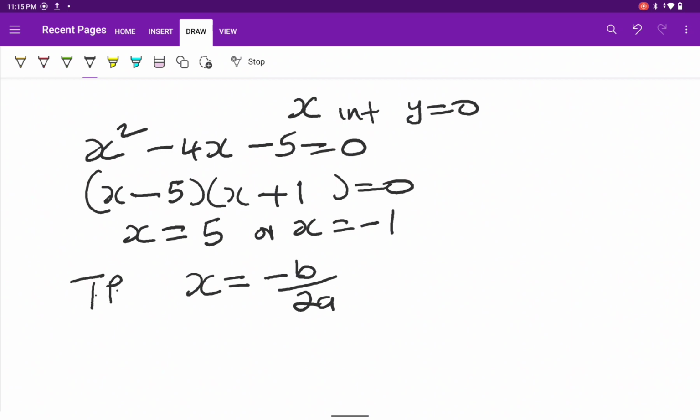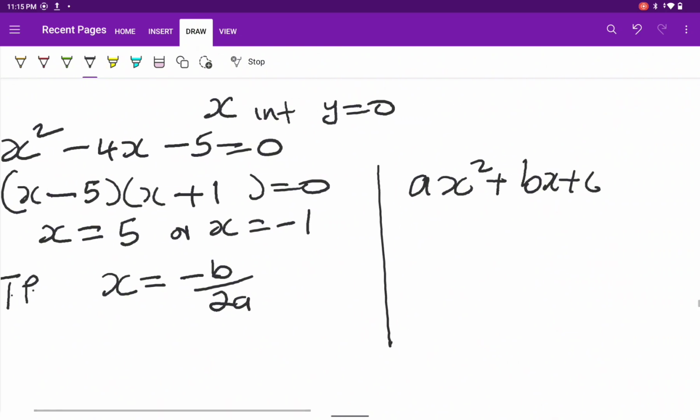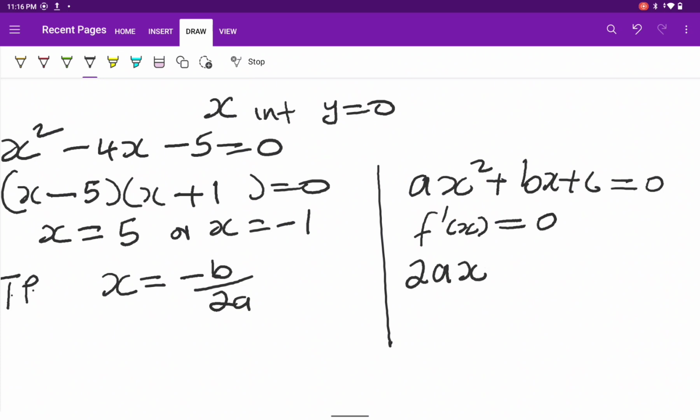Just for background, if we have the graph of ax squared plus bx plus c equals 0, and we differentiate this, because the turning point is where the derivative is 0, we will get 2 times a, which is 2ax, plus 1 times b, which is plus b, and the derivative of a constant is 0, so we have this equal to 0.